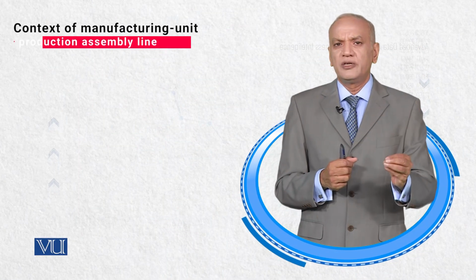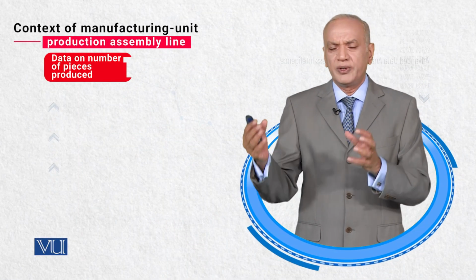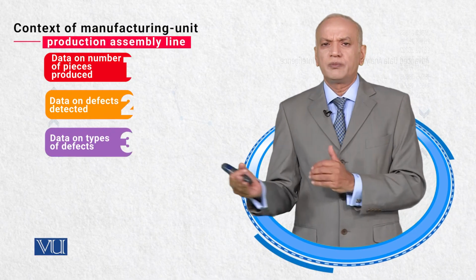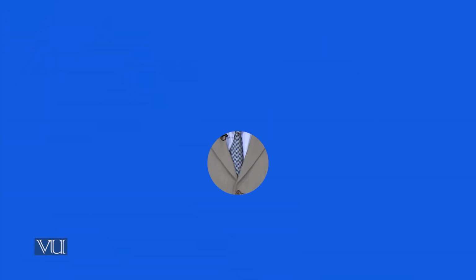We know that I am talking about a manufacturing system, a production assembly line. It produces data for the defects and the operations: how many pieces it has produced, how many defects were detected, what type of defects were detected. Once you know that, you can plan ahead everything else.